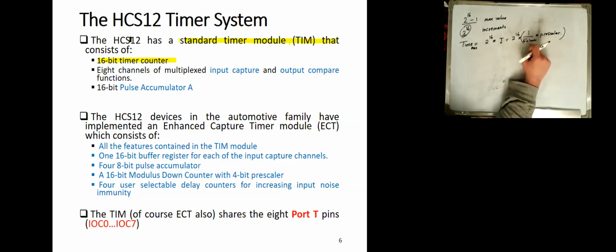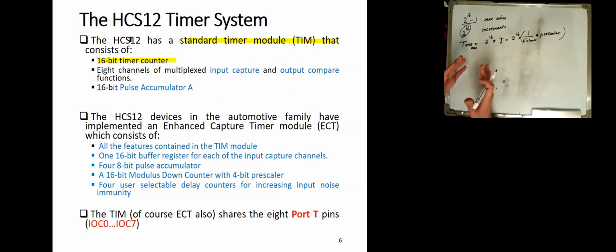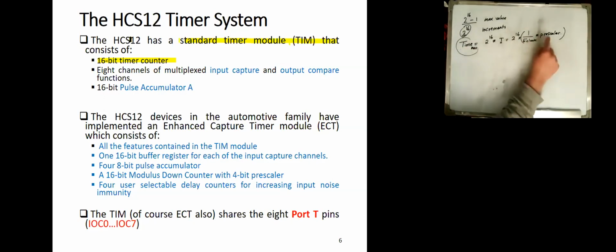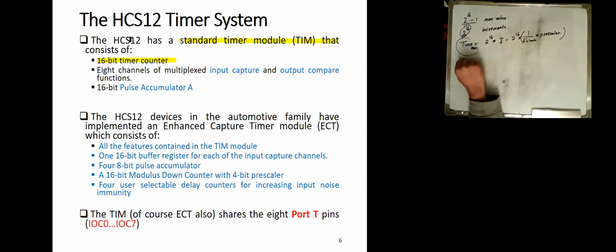We can make it 2 or 3 or 4, as we will see later, in order to increase the period of time that we are measuring, or in other words, to increase T, which is the period of the clock that is driving the timer. What is the effect of this? The maximum time that we are measuring will increase. If we increase the prescaler, the maximum time will be larger, of course.